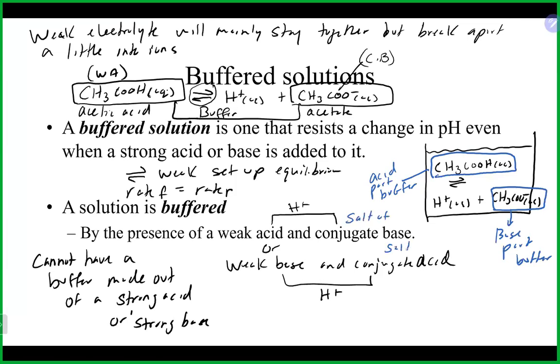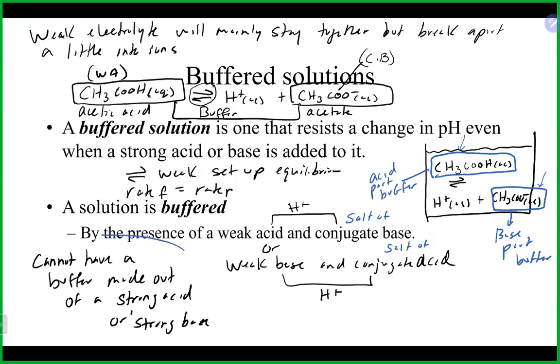While you add some of that sodium acetate, that's a source of acetate, which makes that concentration get bigger. And we also have obviously our acetic acid in there. That's really what allows a buffer to work, the presence of both of those things. So a buffer has an acid part and a base part. And because they come from a weak acid or a weak base, they're able to keep both of those things in the solution at the same time. And that's really important for how it's able to function.